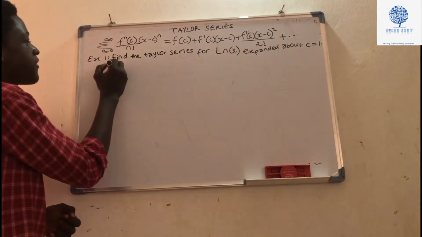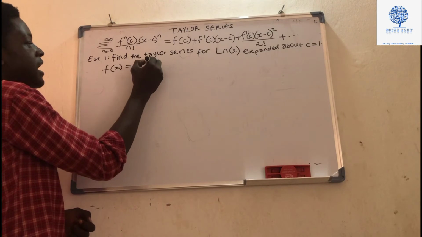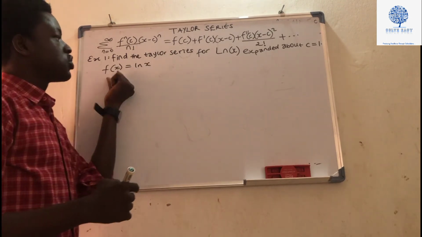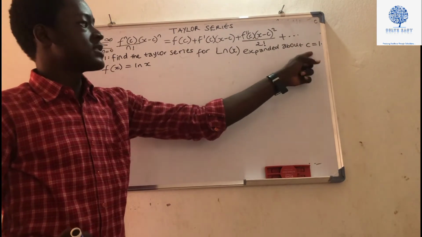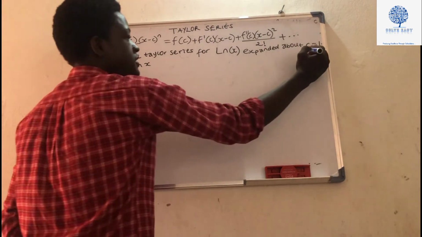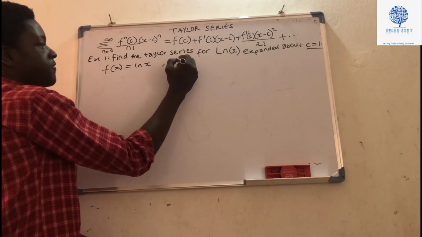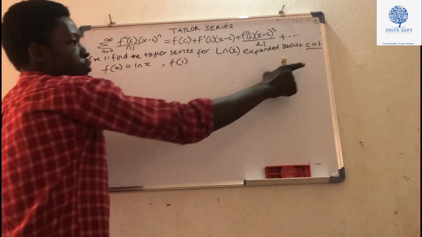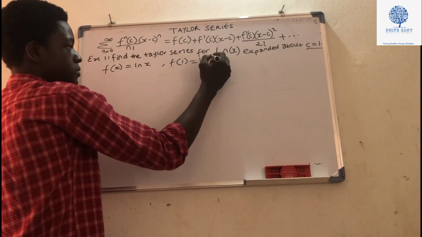So for f of x equals ln x, we are giving this function f of x as ln x. We are asked to find the expanded form at c equals 1. Remember, your c is equal to 1. So now you go here and write f of 1, where our c is 1, is equal to ln 1.